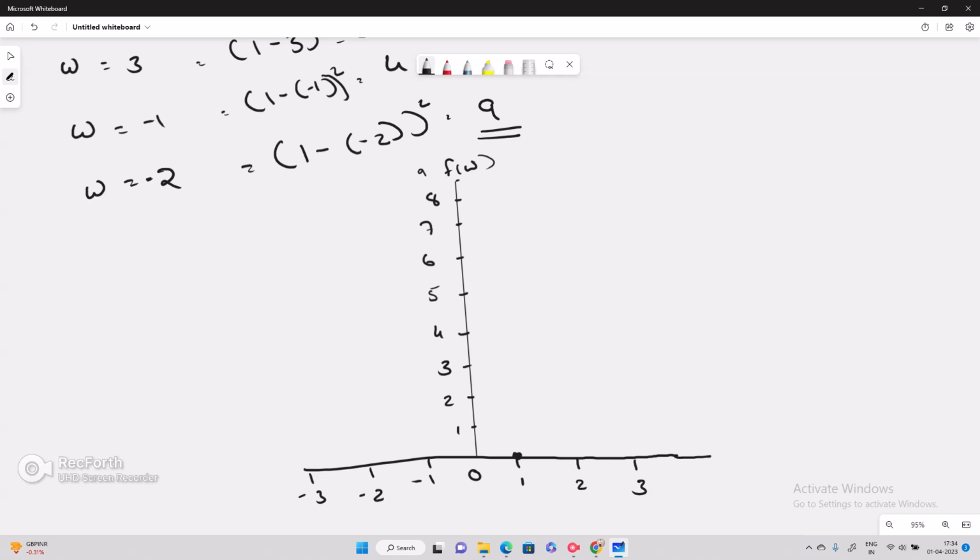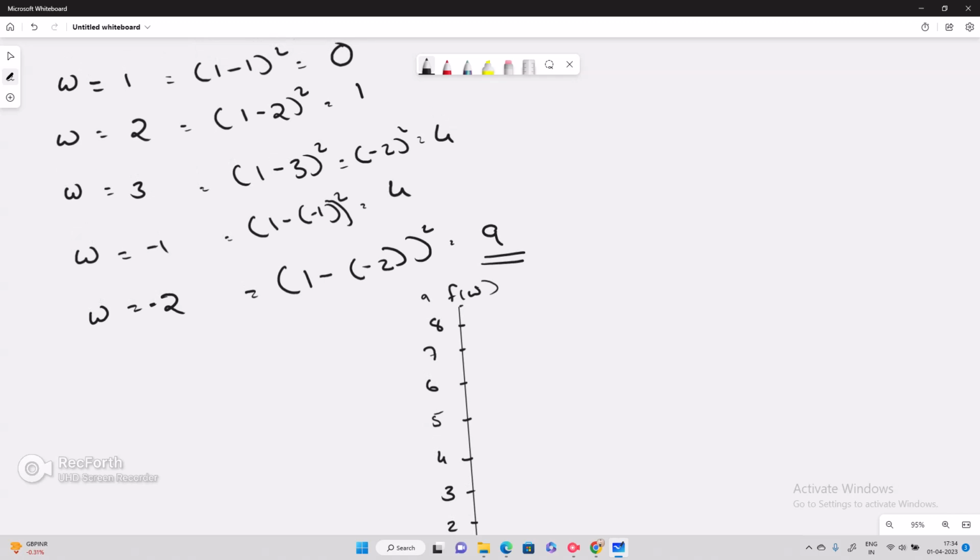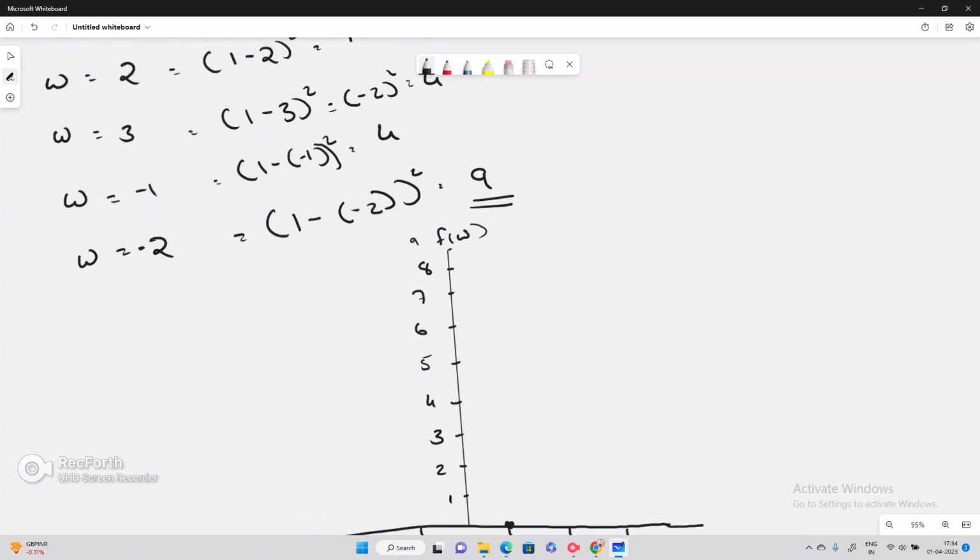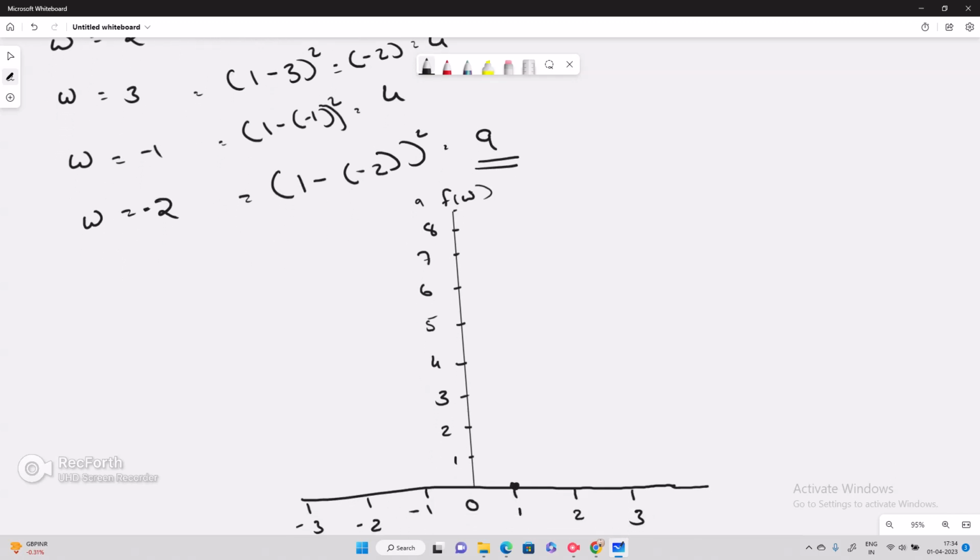Now when w is equal to 1, then it is equal to 0, w is equal to 2, then this will be 1, then w is equal to 3, then this will be 4, somewhere here, right?